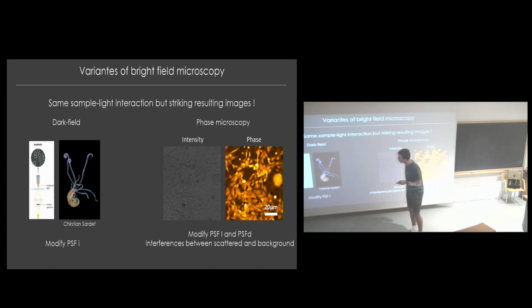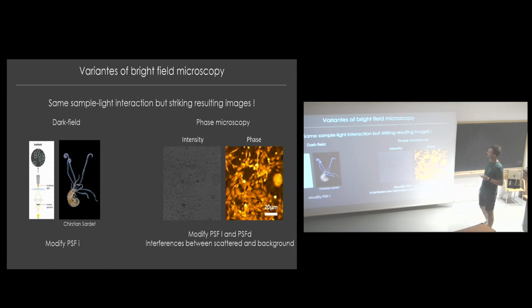Basically, you shine light at large angles on your samples, angles that are larger than the collecting angles accepted by your microscope. So you cannot collect this straight light, and you collect only the scattered light, as we saw this morning. And you can have these nicely contrasted images with the dark field mode.